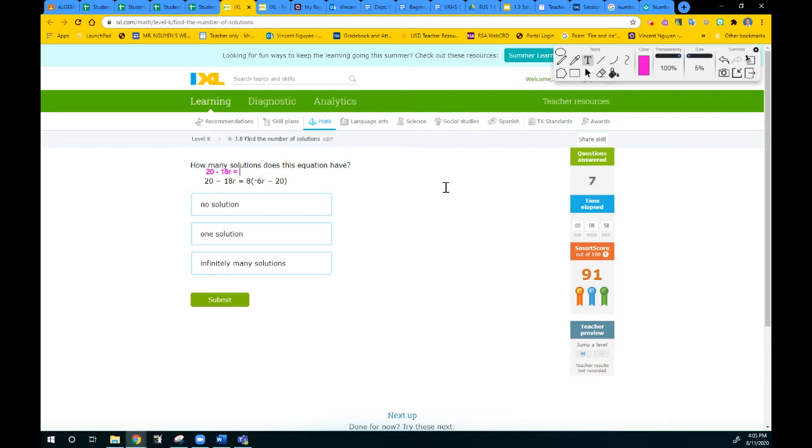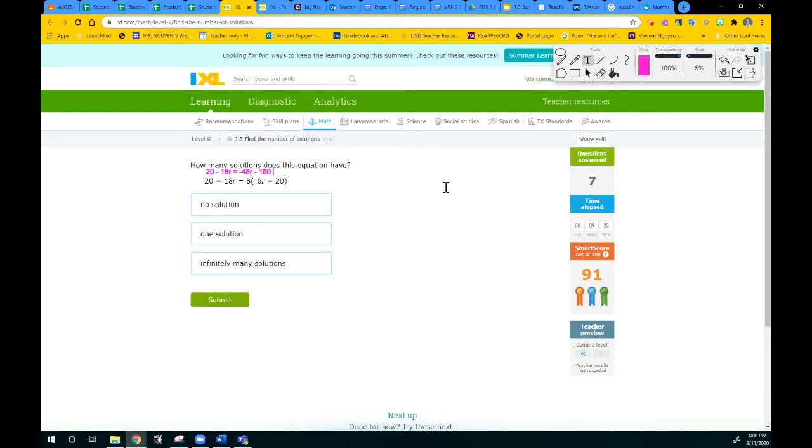It's going to be 8 times negative 6, which is negative 48. And then there's an R there. Negative 48R. And then minus 8 times 20 is, not 180, 160.